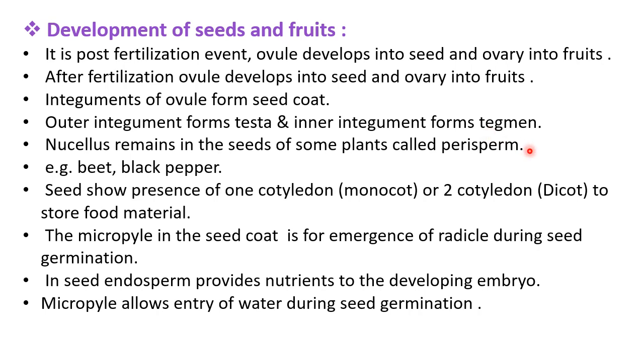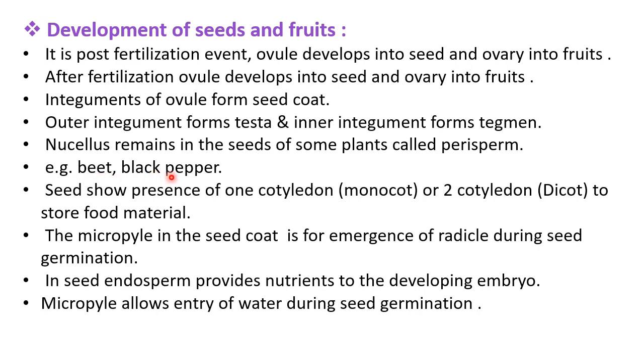In seeds of some plants, nucellus remains in the form of a layer called perisperm. Perisperm is found in plants like beet and black pepper.